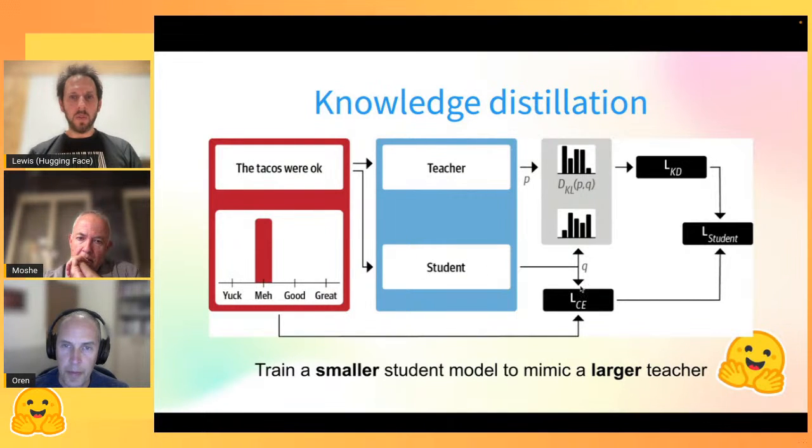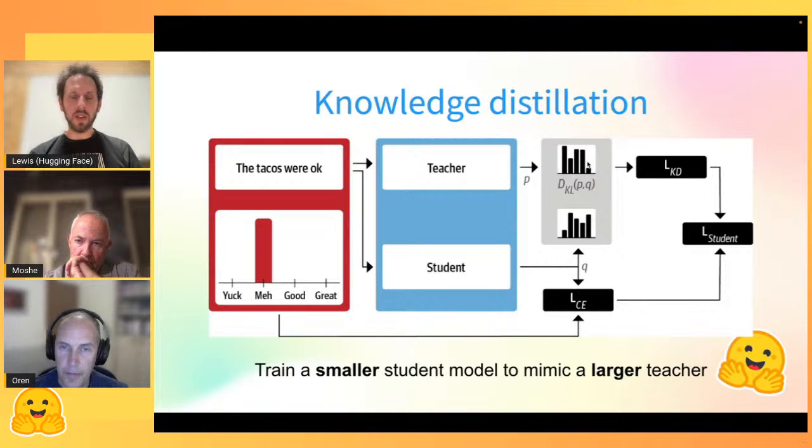And when we compute the loss, the thing that we typically optimize during training for classification tasks, this is usually the cross entropy. So that's one thing that we derive directly from the label. But the other thing that we can do is compare the distribution of the logits coming from the teacher and from the student.